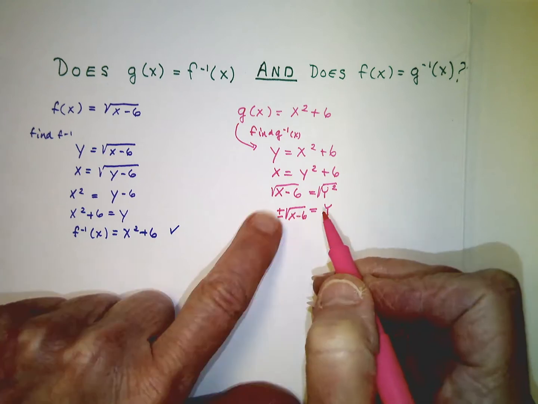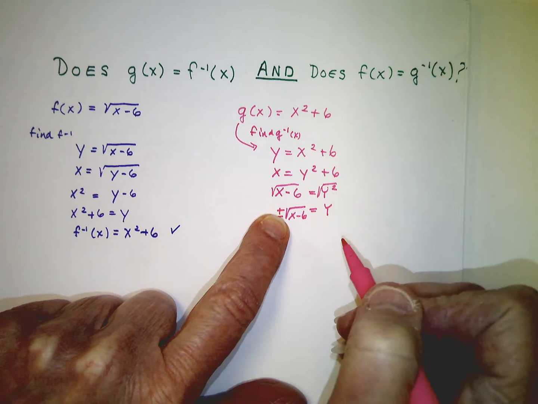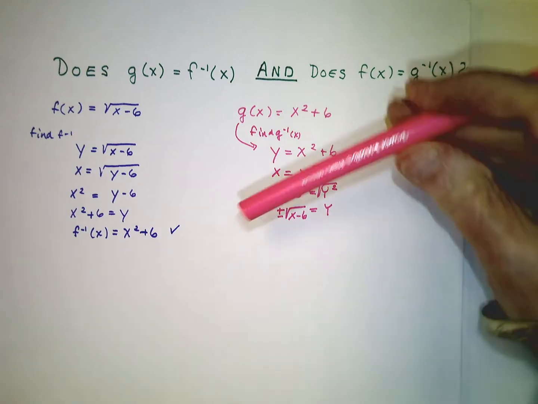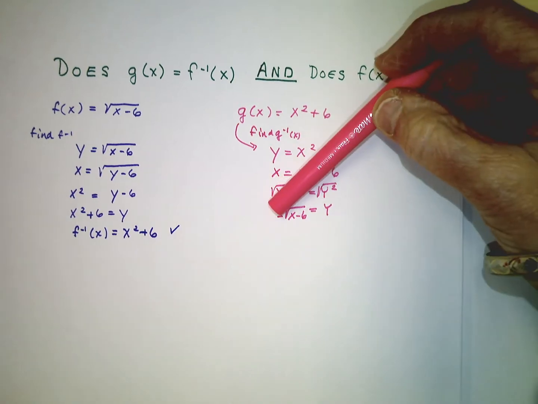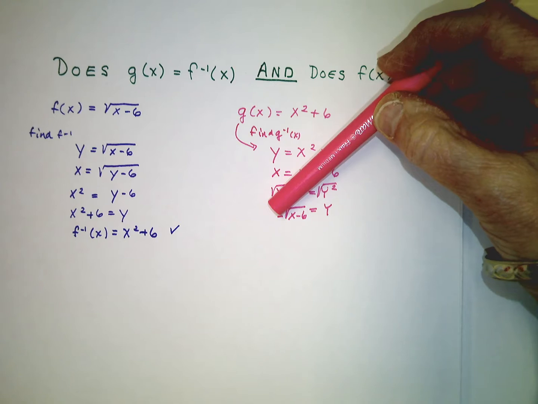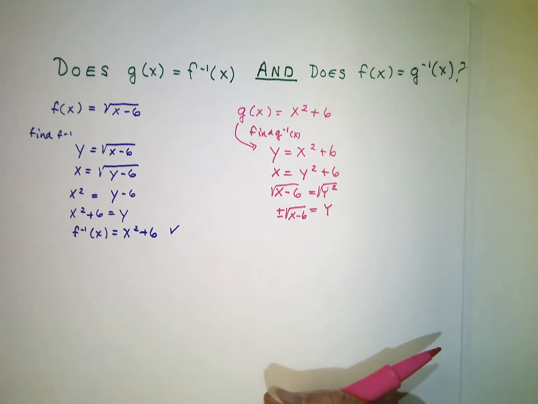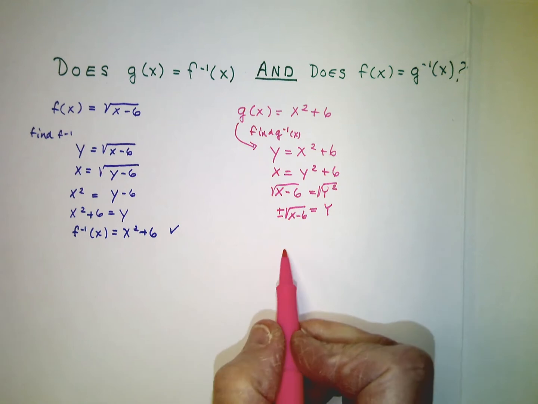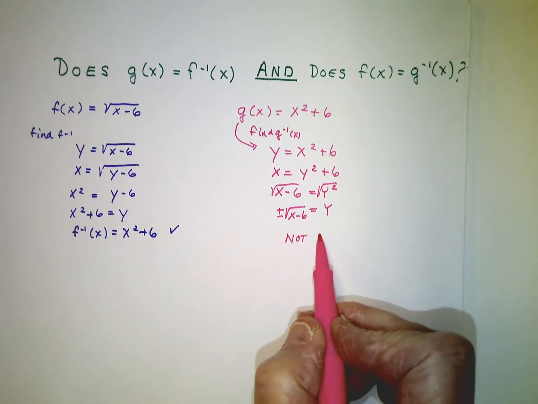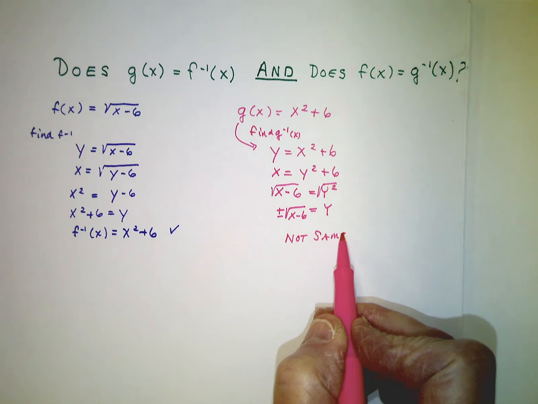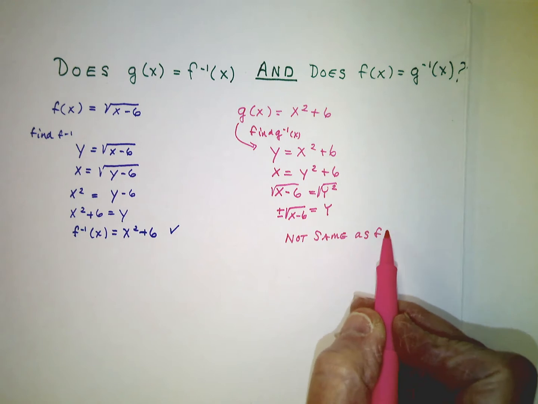If it was the positive value, when you squared it, you would get y squared. If it was the negative square root, when we square it, we would get y squared. So this is not the same as f of x.